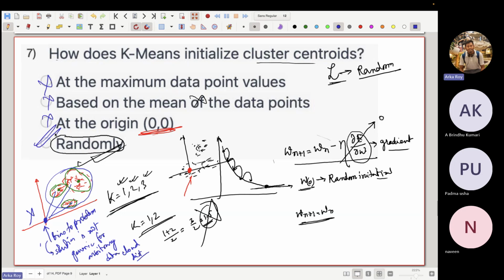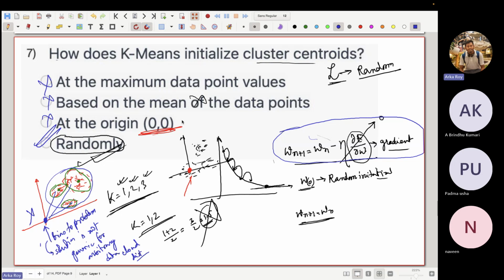So random initialization is the initialization that we do everywhere, be it a gradient descent based optimization technique, and in subsequent weeks' lectures, you will see that in neural network architectures and other cases also, we preferably use random initialization.